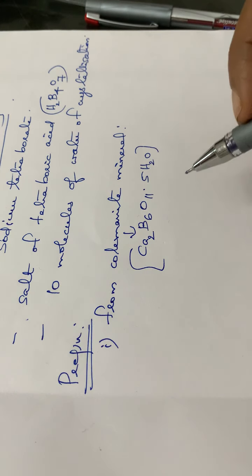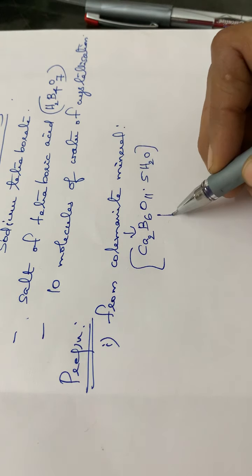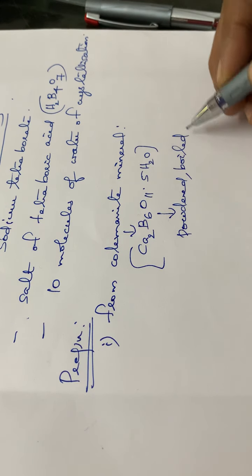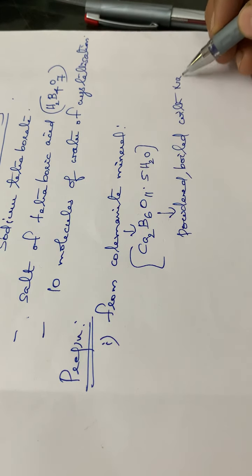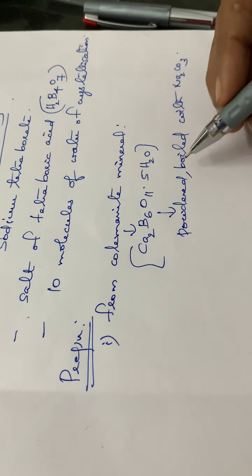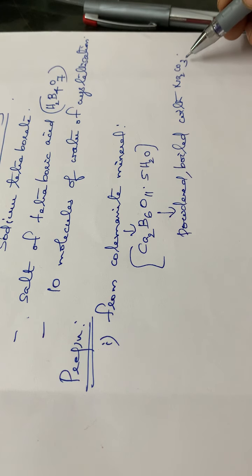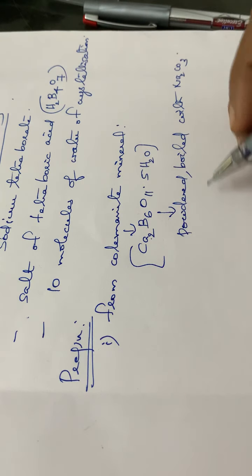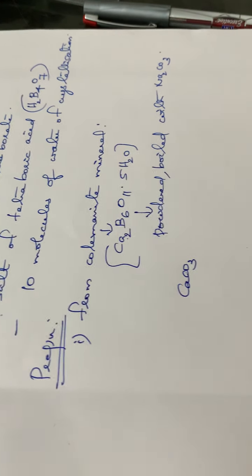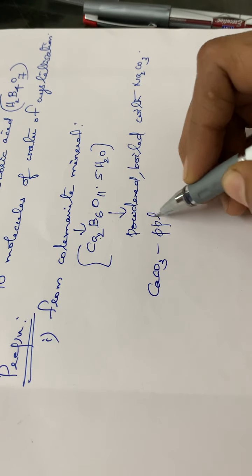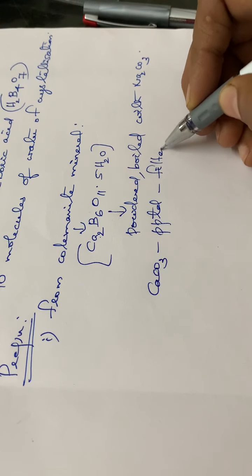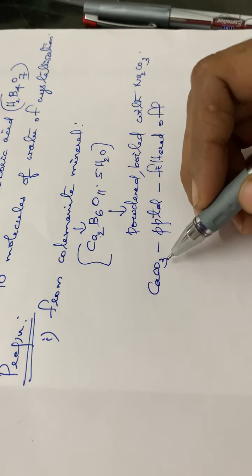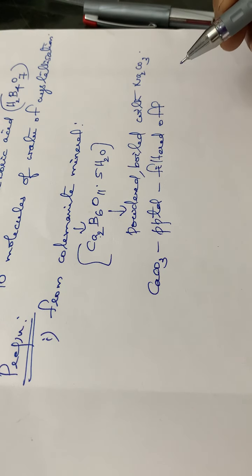In this method, the mineral is first powdered, then boiled with sodium carbonate, Na2CO3. When the colemanite reacts with the sodium carbonate, calcium carbonate is precipitated. Since calcium carbonate is a solid, we can filter it off and remove it from the solution.